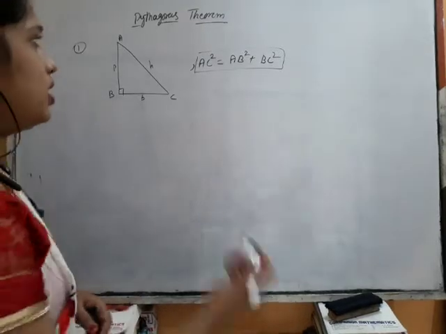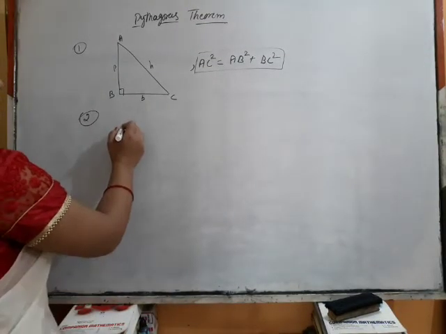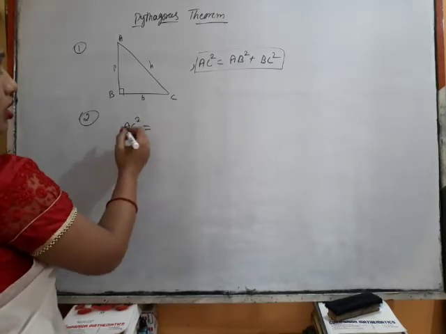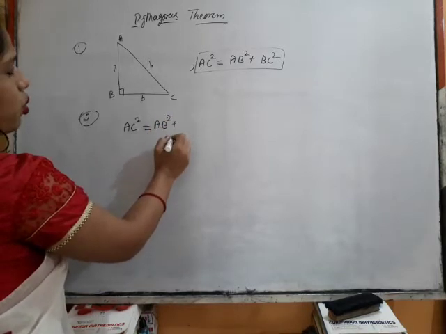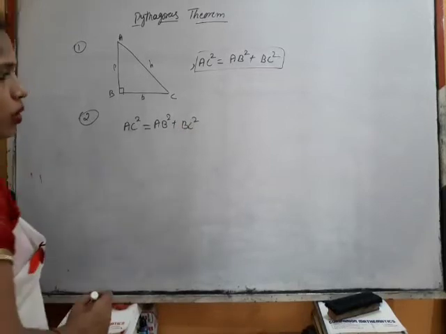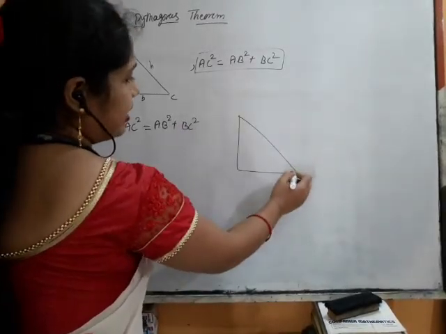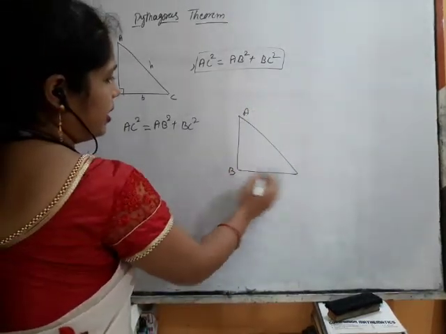Okay. Now the converse of it. If the sum of the squares of the two sides... In a triangle, simply it is a triangle ABC.